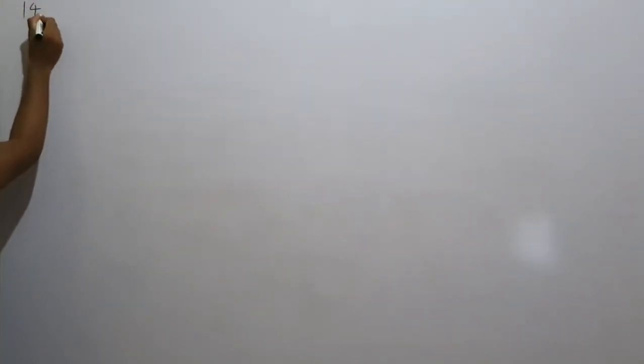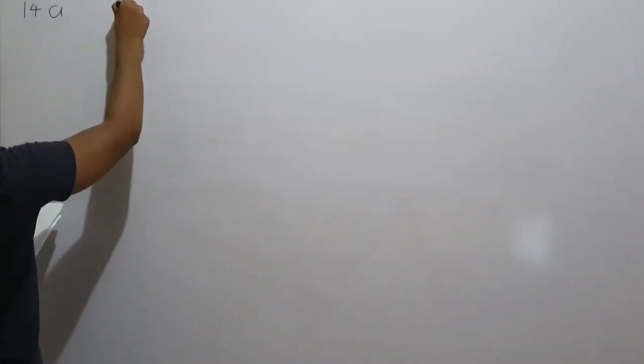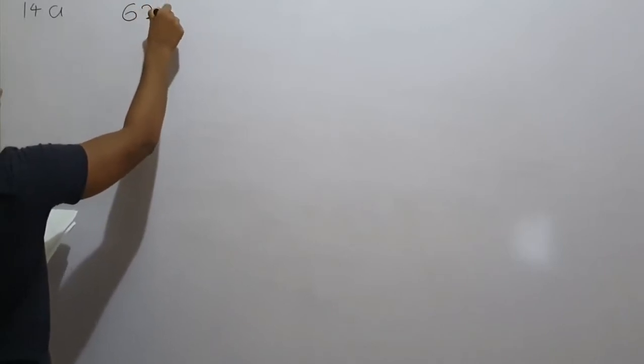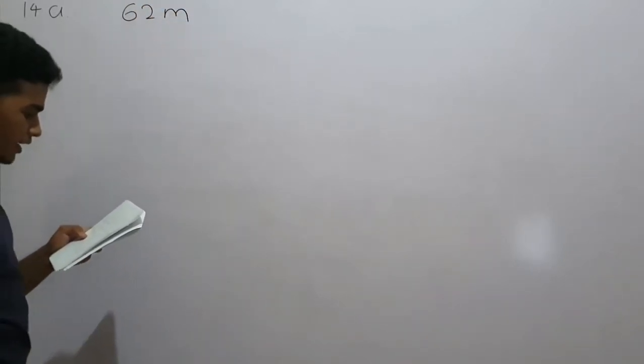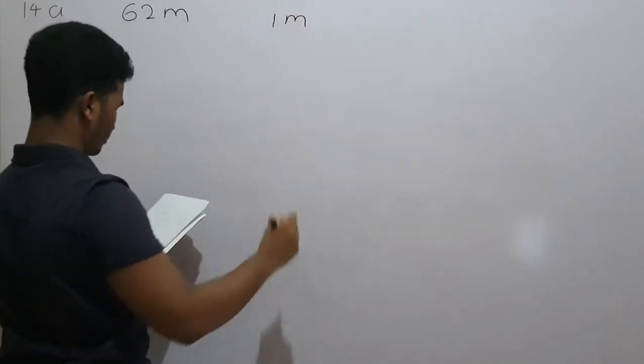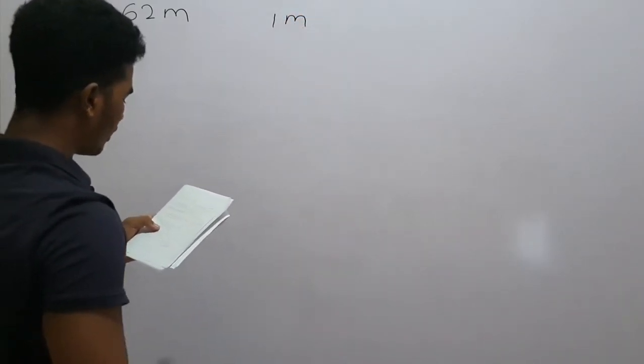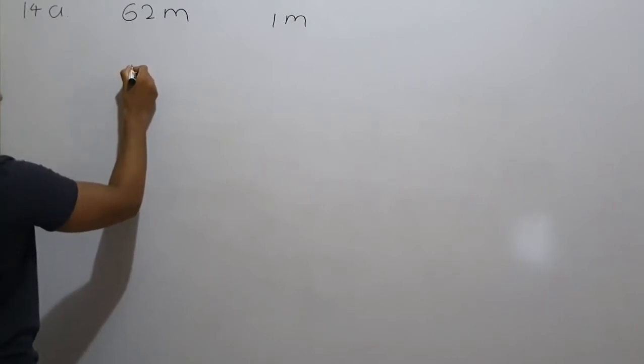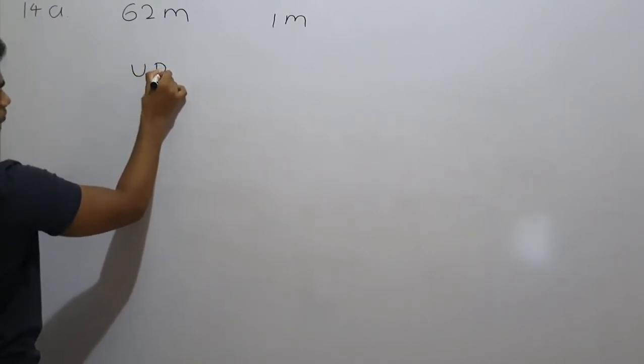14th question, part A. The length of a path is measured as 62 meters, correct to nearest meter. Write down the upper bound for the length of the path. So the question is to calculate the upper bound.